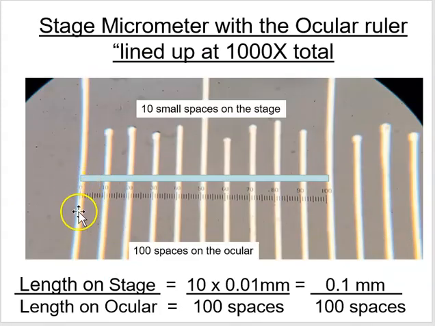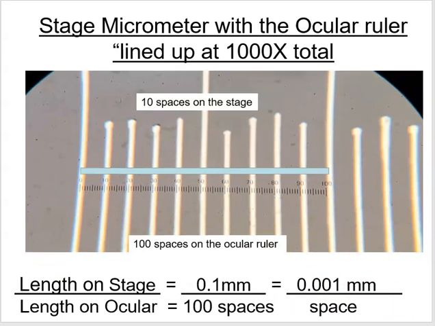And if you look closely at this, what you can see is it goes from 0 to 100 spaces right there is the same length, apparently, as 10 of those smaller spaces on this stage right there. So 10 times a 1/100th of a millimeter, or 1/10 of a millimeter, is the same as saying 100 spaces on the ocular ruler right there.